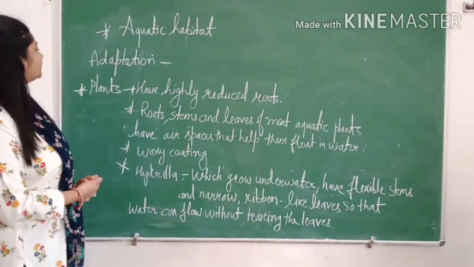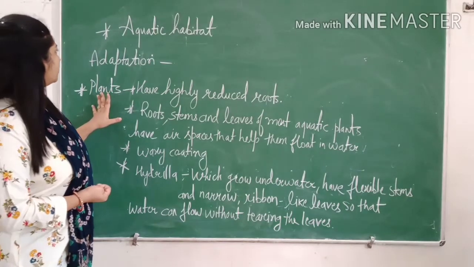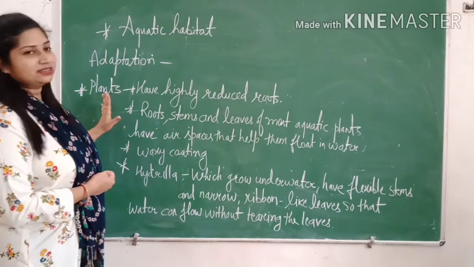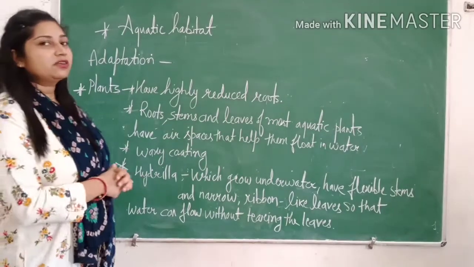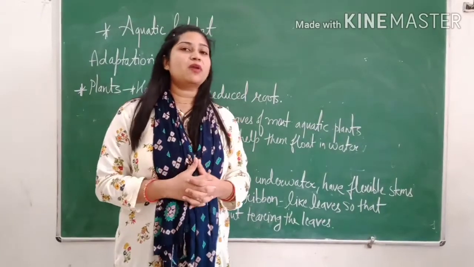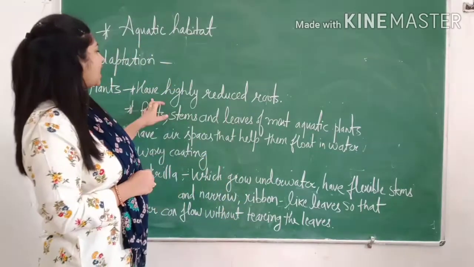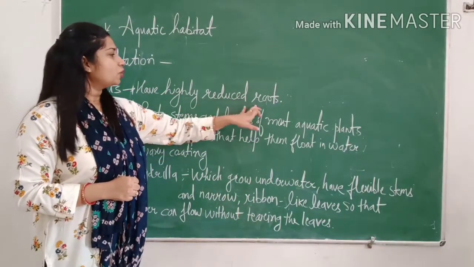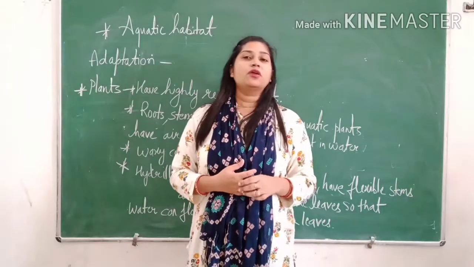So let us start with the first adaptations which are usually found in plants that grow in aquatic habitat. A very common feature among the plants that grow in this kind of habitat is that they have highly reduced roots. Now what is the reason why they have highly reduced roots?